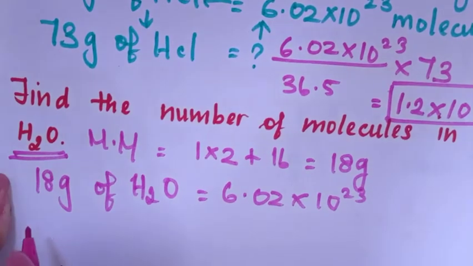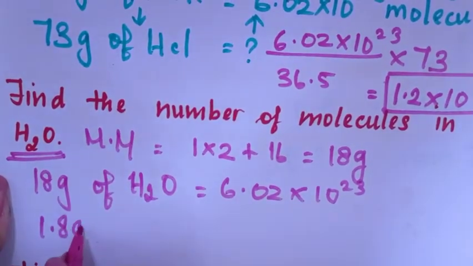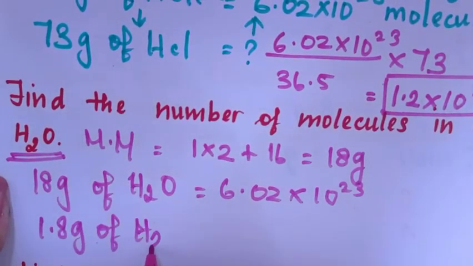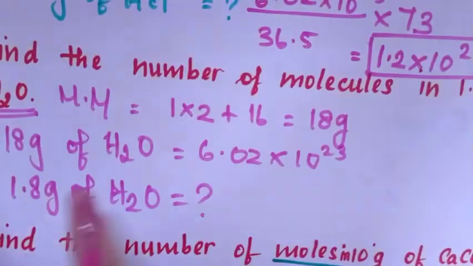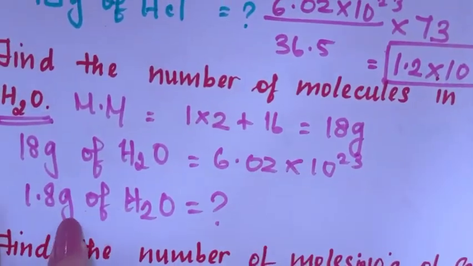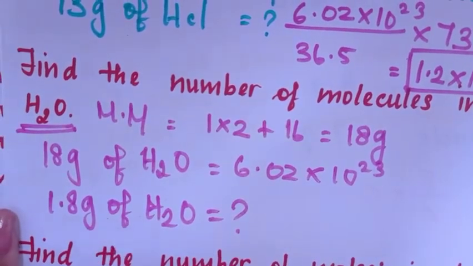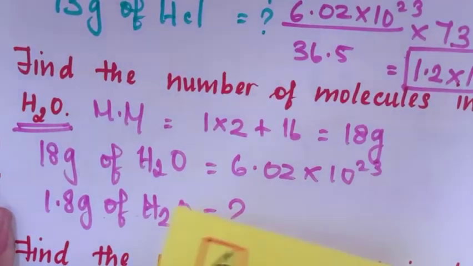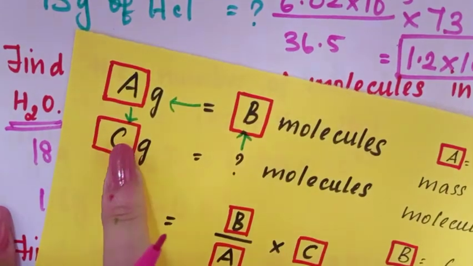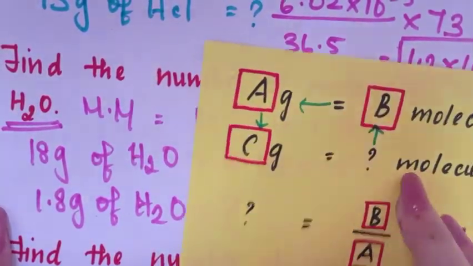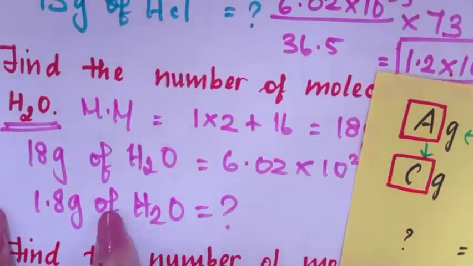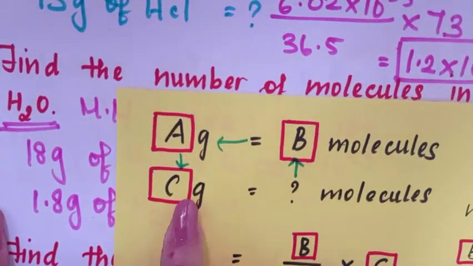Then in 1.8 gram of H2O, we should find how many molecules will be present. That is the question. I told you, the given value, that is C, we will write it in this place. I showed you already what is C. C, which is given in the question and for which we have to find the number of molecules, we have to write it like this, near to the question mark.